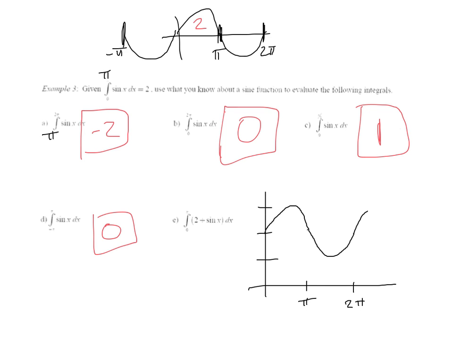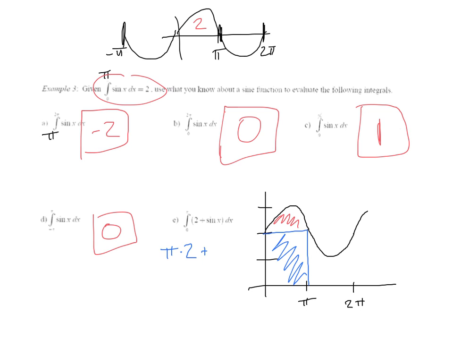I just want to point out that we have a rectangle right here that we can easily figure out. The area of that rectangle has an overall base length of pi and a height of 2, so that's pi times 2. And then the area of this part is what we started with up here, that is just 2.